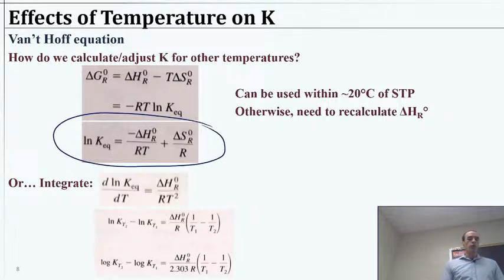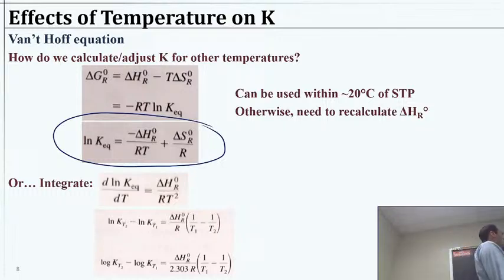Now, the other formulation of this, and this is really what we call the Van't Hoff equation, is to say the d ln K dT, so how does this ln K change per change in temperature, we can set that derivative equal to delta H divided by RT squared.